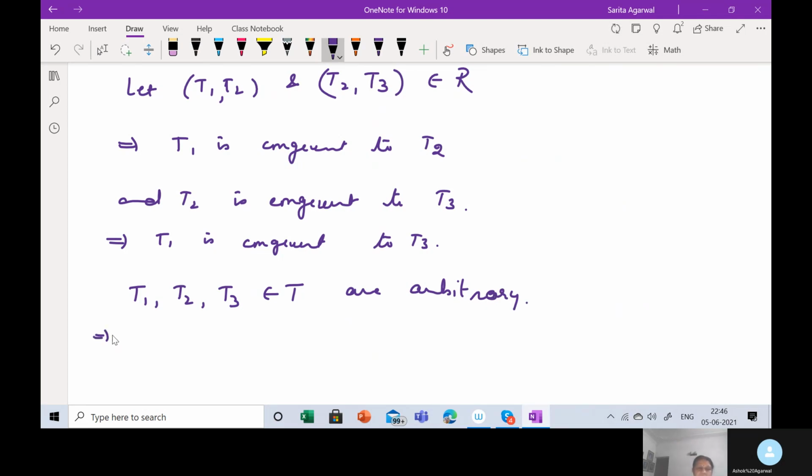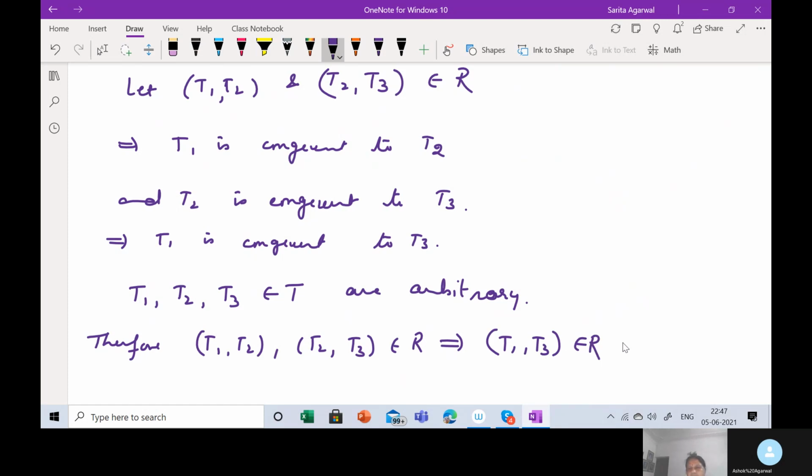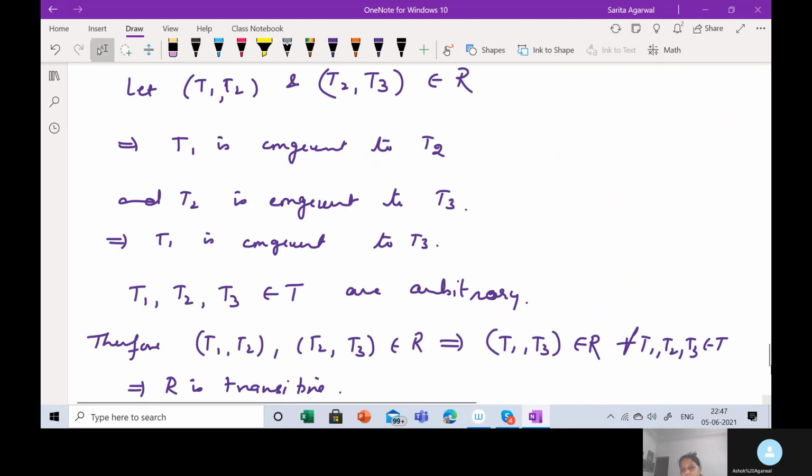Therefore, (T1, T2) and (T2, T3) belonging to R implies that (T1, T3) belongs to R for all T1, T2, T3 belonging to T. This gives us this relation is transitive. Since the relation is reflexive, symmetric, and transitive, that means the relation is an equivalence relation.